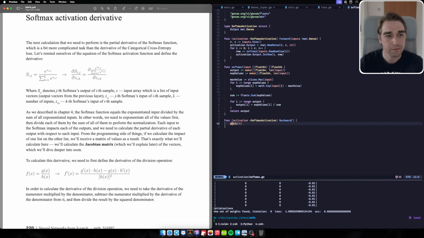Let's remind ourselves of the equation of the softmax activation function and define the derivative.